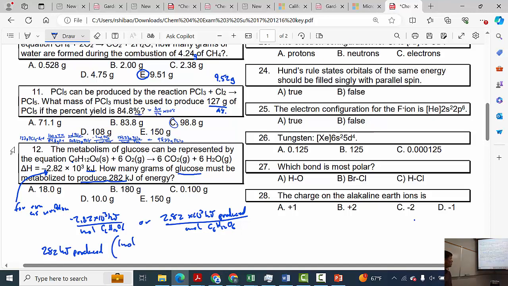What we want is to produce 282 kilojoules. And for every mole of glucose, we get 2.82 times 10 to the third kilojoules.